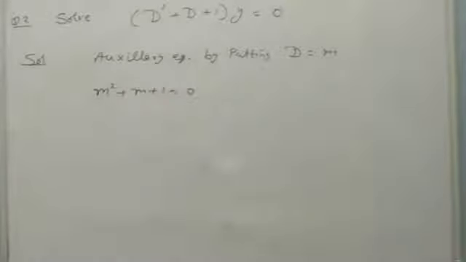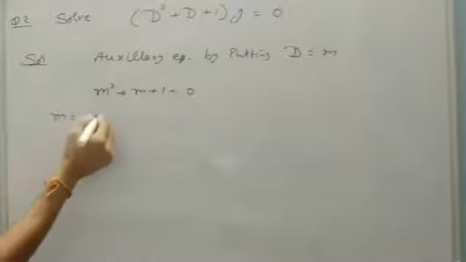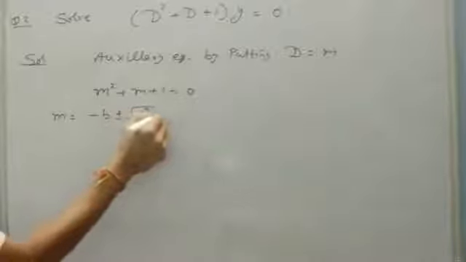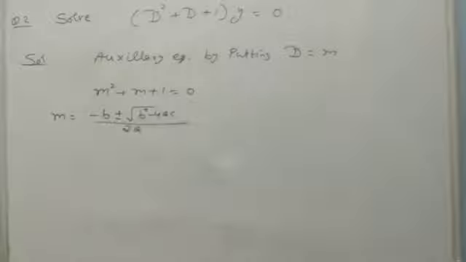As we know, it is a quadratic equation, so we can use the Sridharacharya rule, or you can say the quadratic formula. By the quadratic formula we can say m will be equal to minus b plus minus under root b square minus 4ac upon 2a. If you don't remember it, then I write it here.